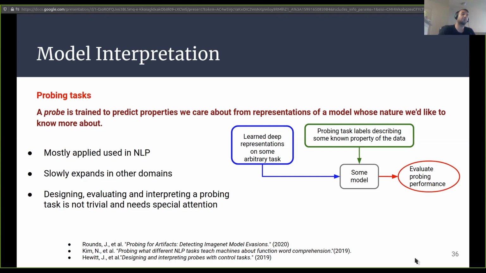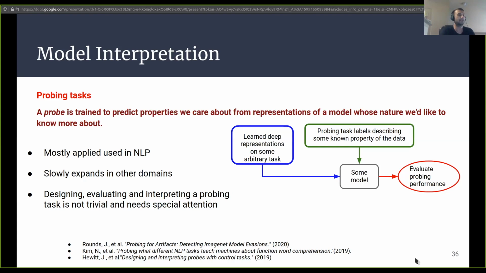Thus, we are able to train a new model, using these representations and the probing labels, and evaluate the performance of these representations on the probing task. If we get a good performance, we can assume that this probing task was probably important towards performing the task at hand.